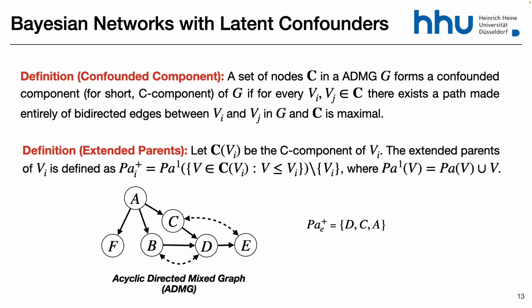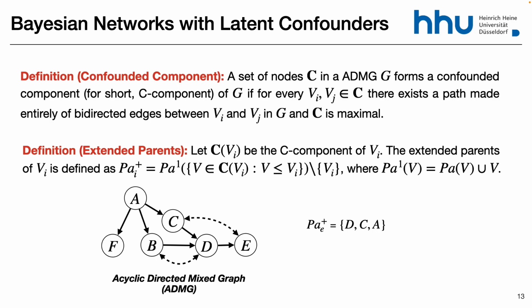Then we go to the other variable in the C component which is before E. It's C. So C is both in the C component and before E, so I'm going to take the parents of it. Who are the parents of it? A. So A is here. And the variable itself is also here.